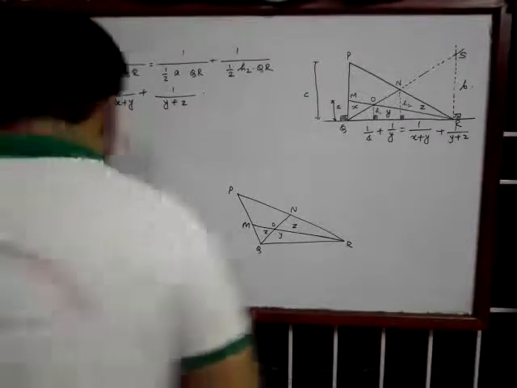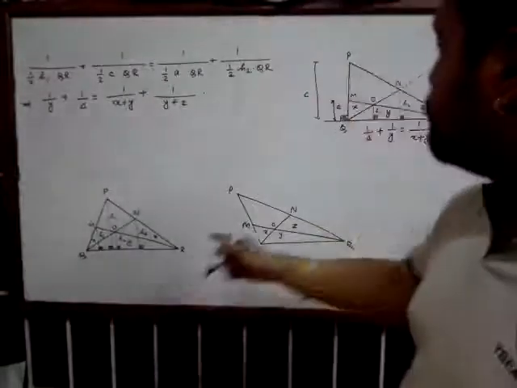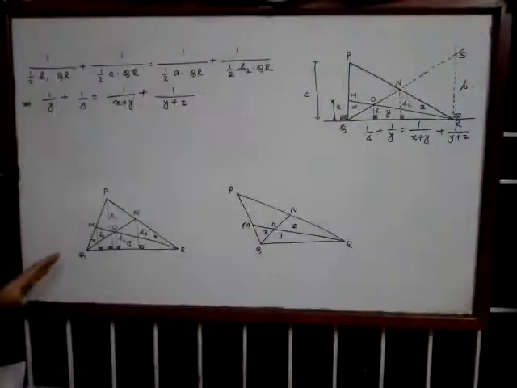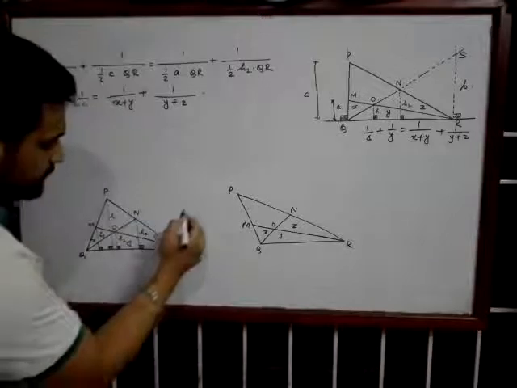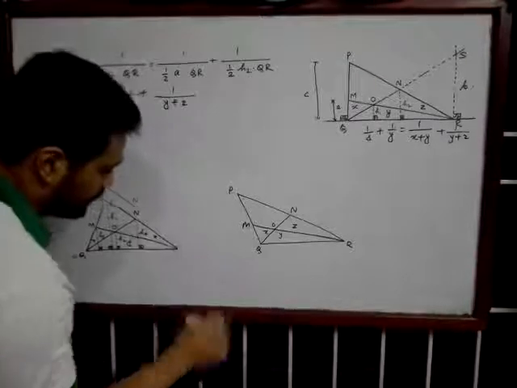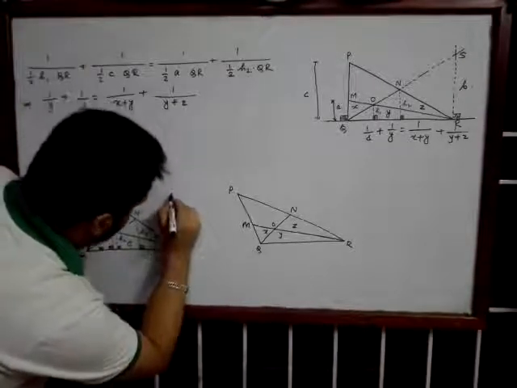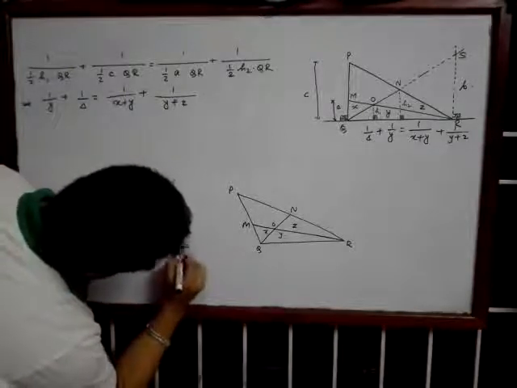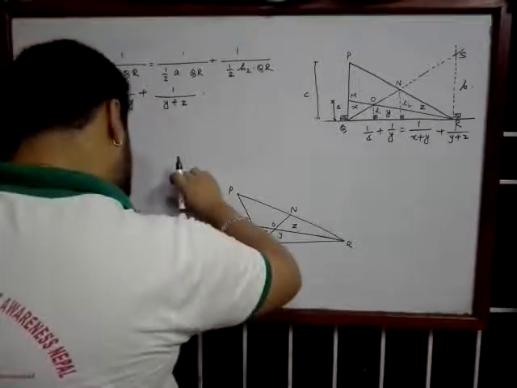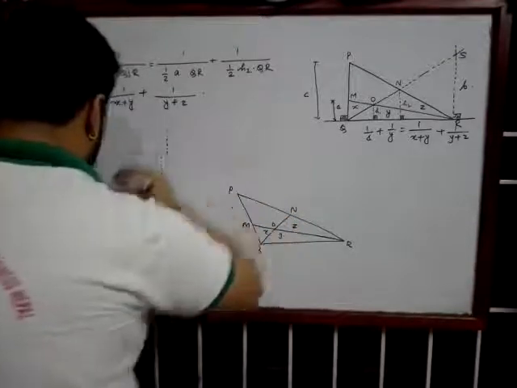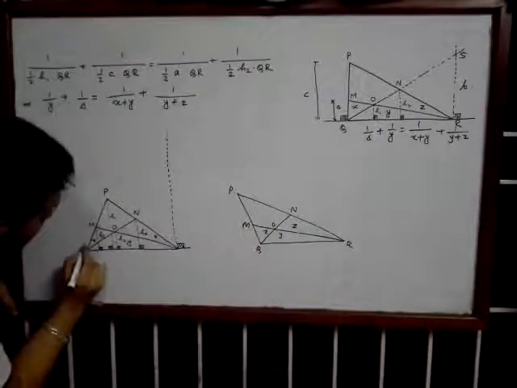Now, you won't find a figure so readily over here, so we need two more lines: a line parallel to the altitudes at Q and R. This is parallel to the altitudes, this is also parallel to the altitudes.